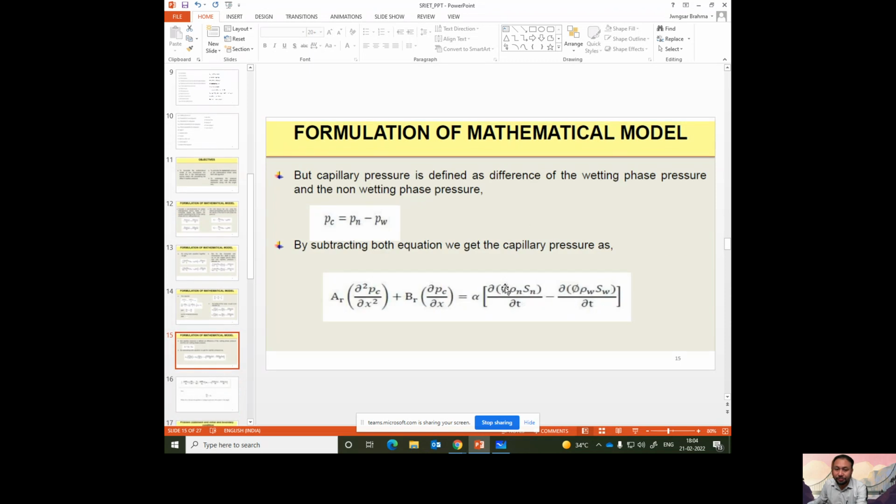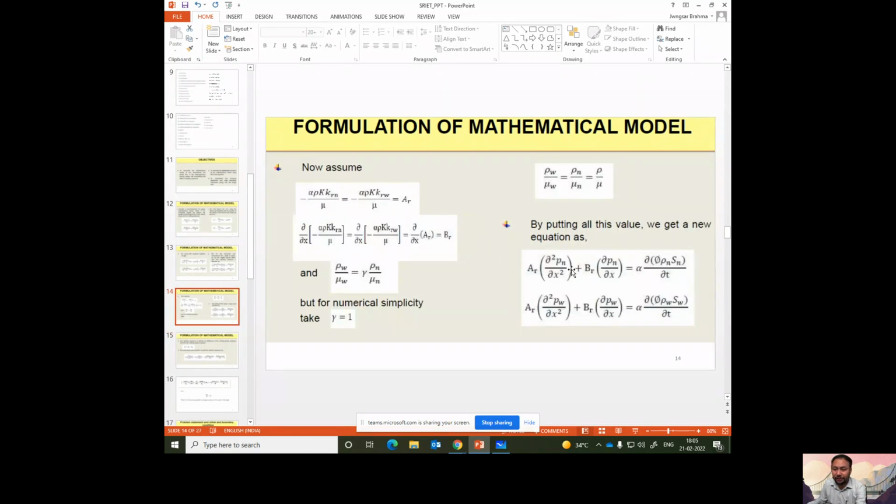Now look here. Capillary pressure is defined as the difference between the non-wetting phase pressure and the wetting phase pressure. It means PC, the capillary pressure, is equal to PN minus PW. By subtracting both equations, we get the capillary pressure.